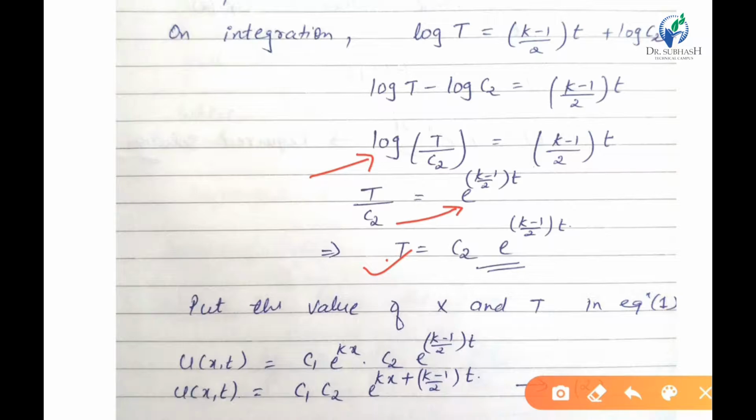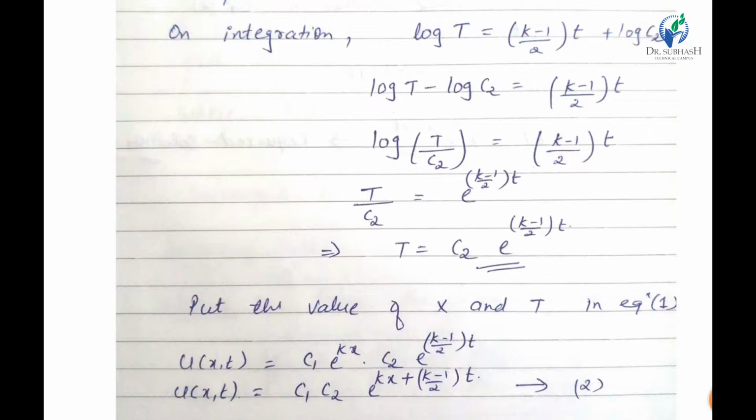Now substituting the value of x and t in equation 1, we get u of xt is equal to c1 e raised to kx into c2 e raised to k minus 1 upon 2 into t. Taking constant to the other side together, and by the exponential rule, we can write it as e raised to kx plus k minus 1 upon 2 into t.